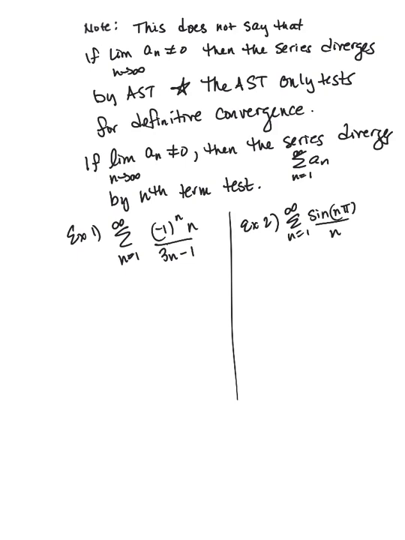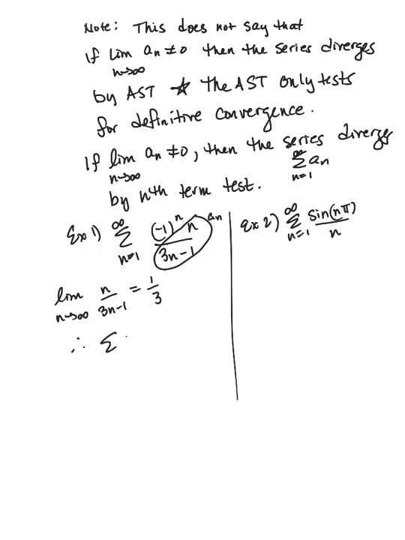So for the first example, what I'm trying to say above is that you don't have to use the AST because the limit as n approaches infinity of n over 3n minus 1 is not equal to 0. It's equal to 1/3. Okay, so therefore this series, I'll call this part a sub n.